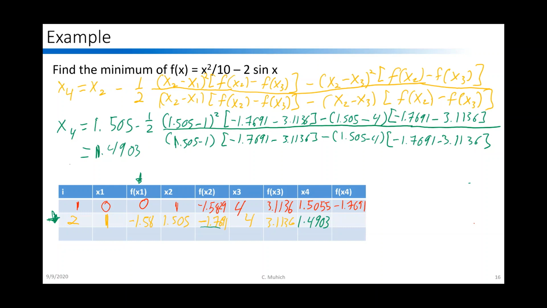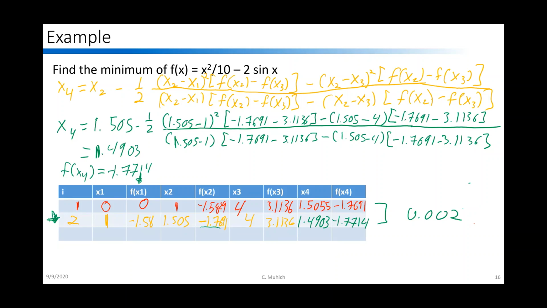And so we can put in that f of x4. I'm not going to do out all the math, but this time we get negative 1.7714. Right? So in the second round, the error between these two rounds is out in the hundredths or thousandths place, right? So we're getting there very, very fast.